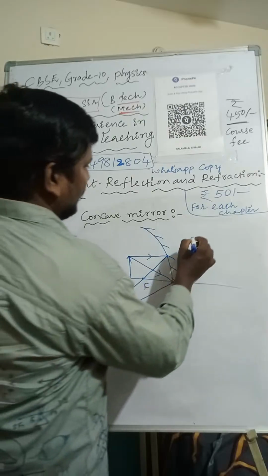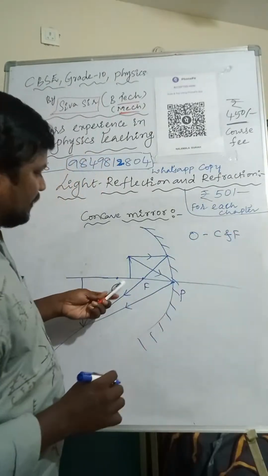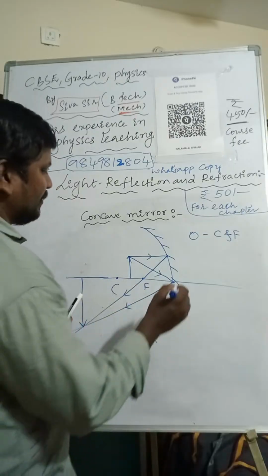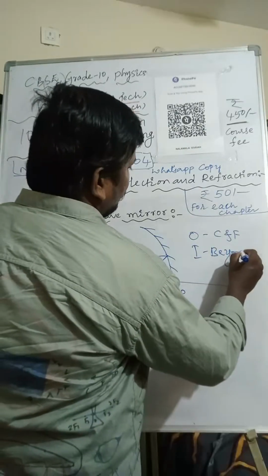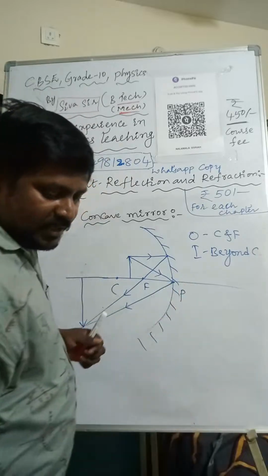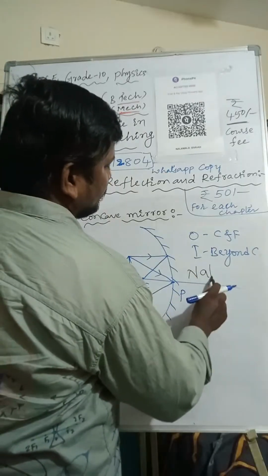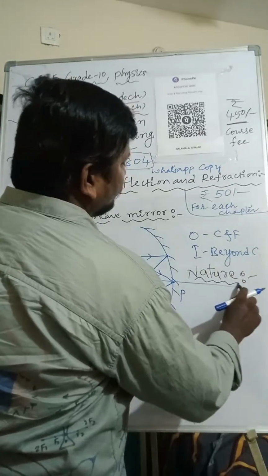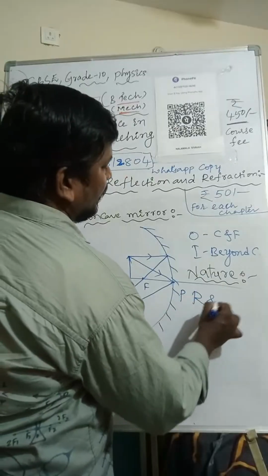So object is placed between C and F. Image will form beyond C. Coming to the nature, nature is real and inverted.